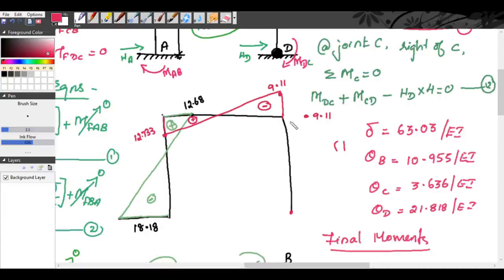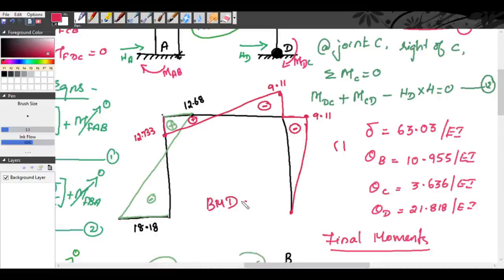So our bending moment will be like this. So it is anti-clockwise. So left anti-clockwise is negative. Okay. So this is our bending moment diagram for the given portal frame with the side sway.